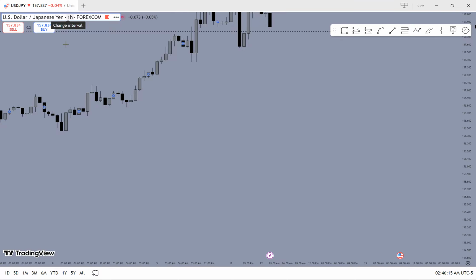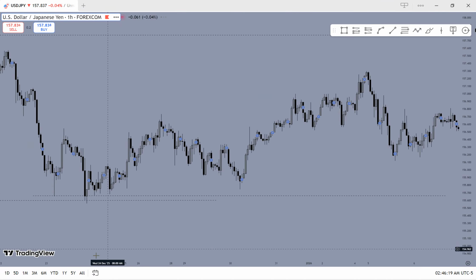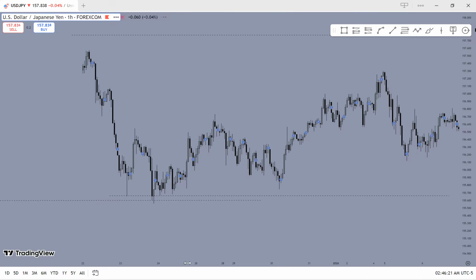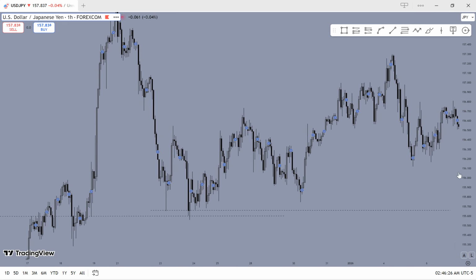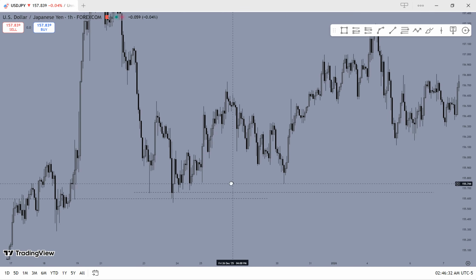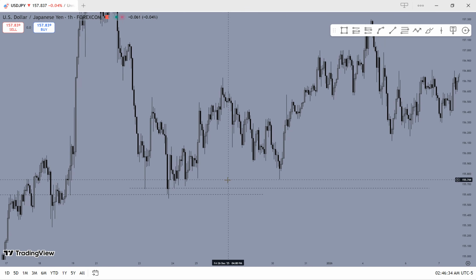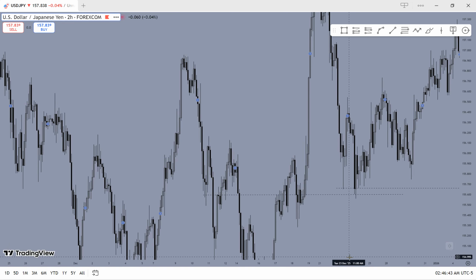So let me check if I would have been able to catch this first entry. From daily we head to 1 hour. So right here, let's see what we had. What we had was not pretty. This one was a bit jiggy.